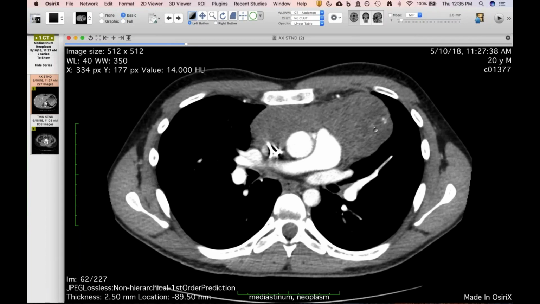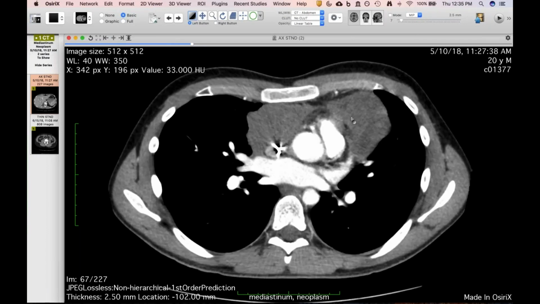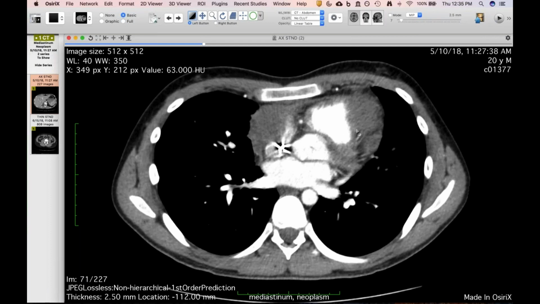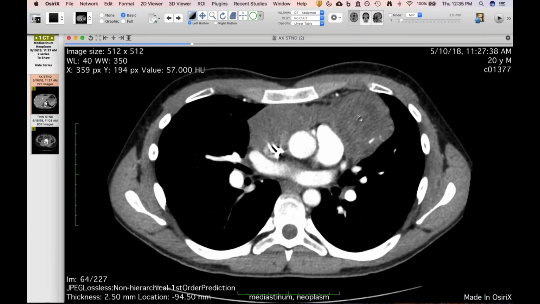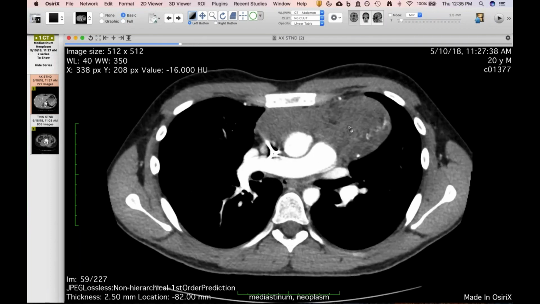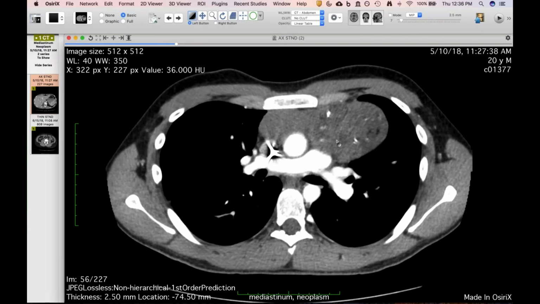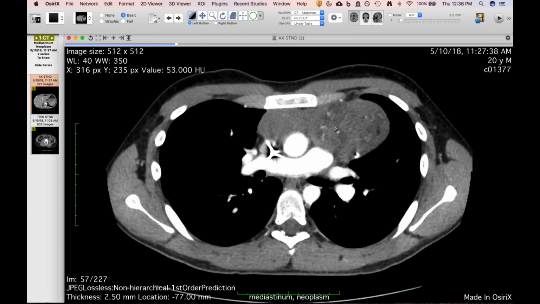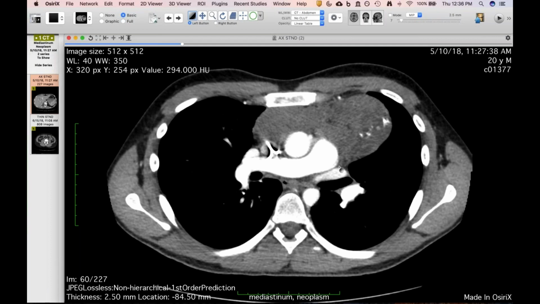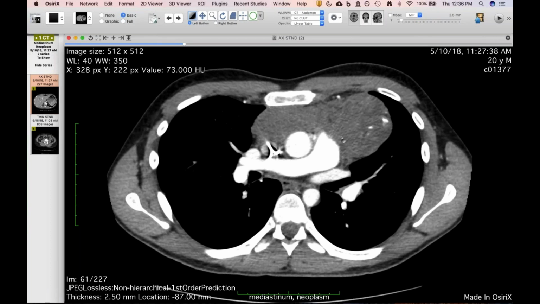So the question is then, and this is partly, I think, nomenclature, and partly just a reminder that not everything that looks like a mature teratoma is. Do you guys think that this is probably then an immature teratoma that dedifferentiated into a malignant tumor, or how would you classify this?